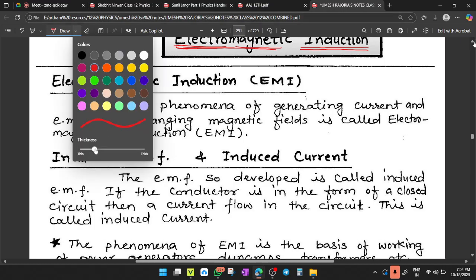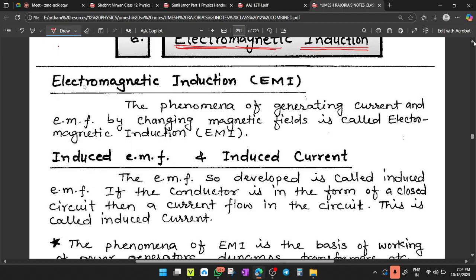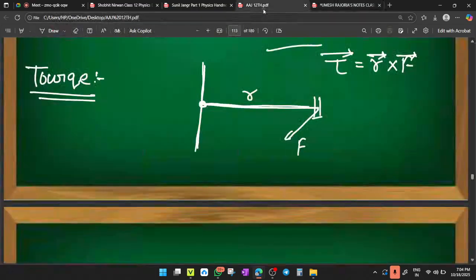There are two types of communication of effect, or two types of connection, between any two bodies. First is called conduction. What does it mean?